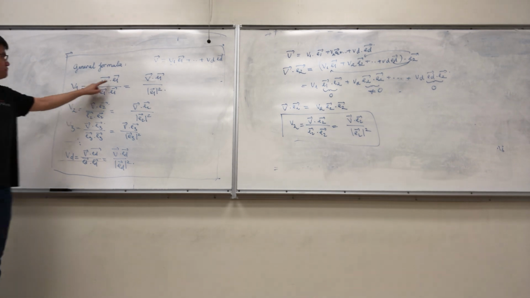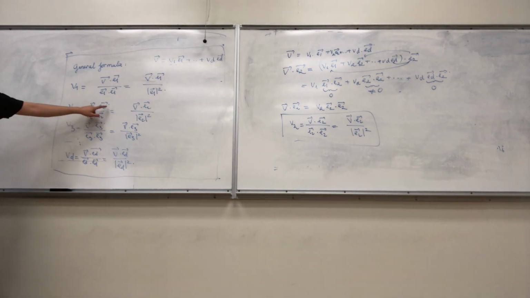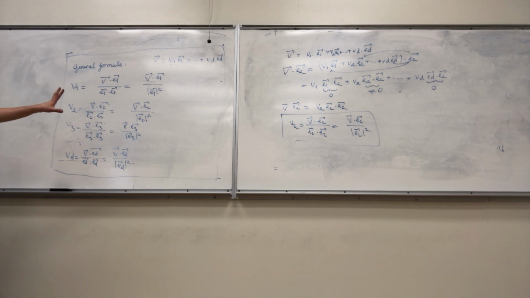V1 will be V times E1 divided by E1 E1. V2 will be V times E2 divided by E2 E2. And VD will be V times ED divided by ED ED. It's good? It's clear? Questions? So this formula is very important because we're going to use that for Fourier series. All right?